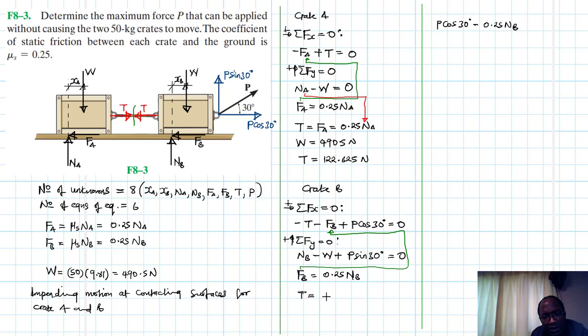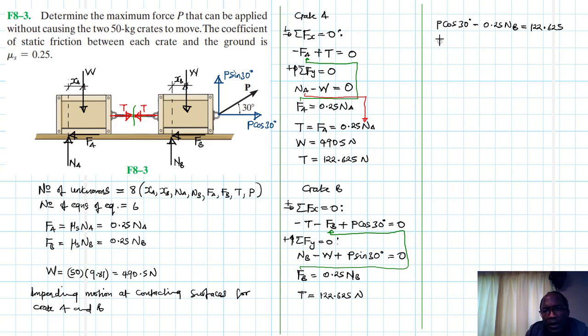And mind you, here we already calculated what T is. We said T is equal to 122.625 newtons. Okay, so our T will take it the other side, so we'll say 122.625.